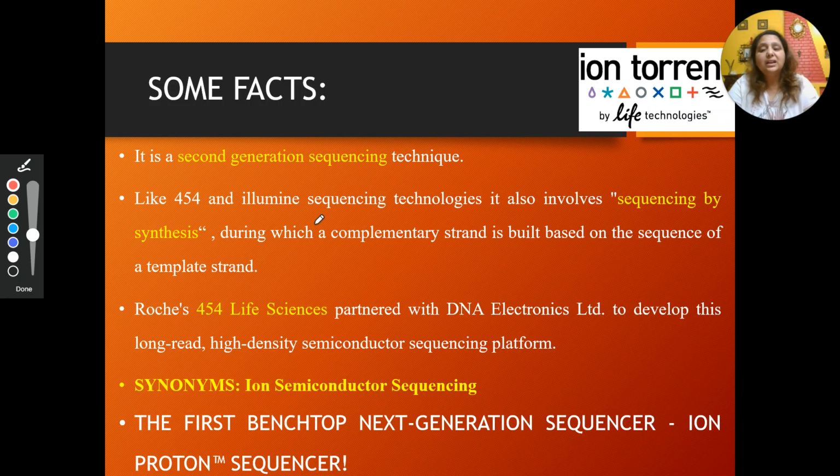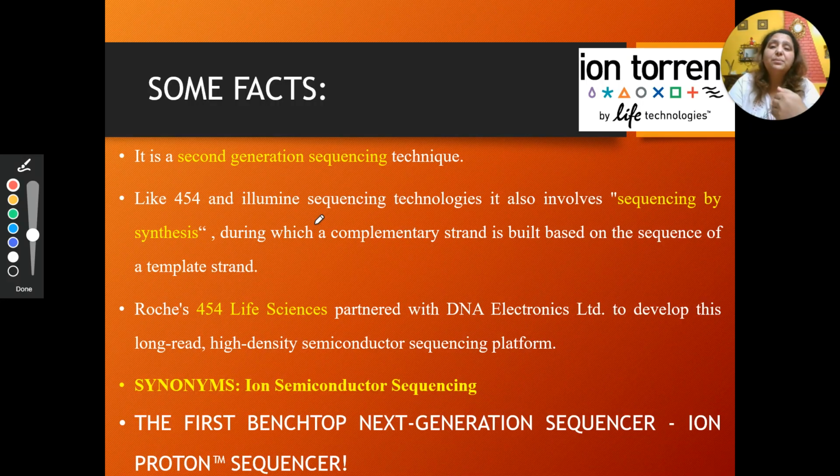However, in case of second generation sequencing, specifically 454 and Illumina, we have seen that during the process of sequencing, the complementary strand is always synthesized by incorporating the nucleotides, which are labeled with fluorophores or with some other label, as in case of Illumina. So therefore, this is called sequencing by synthesis.